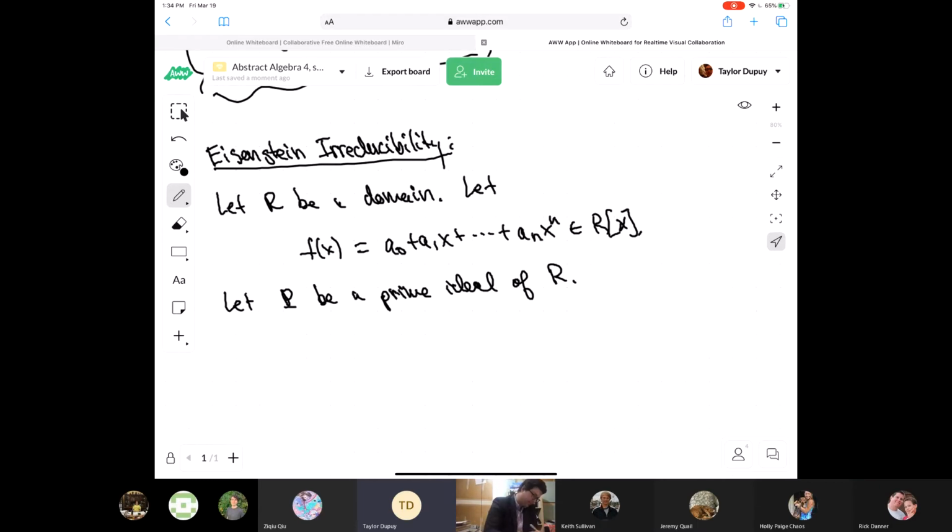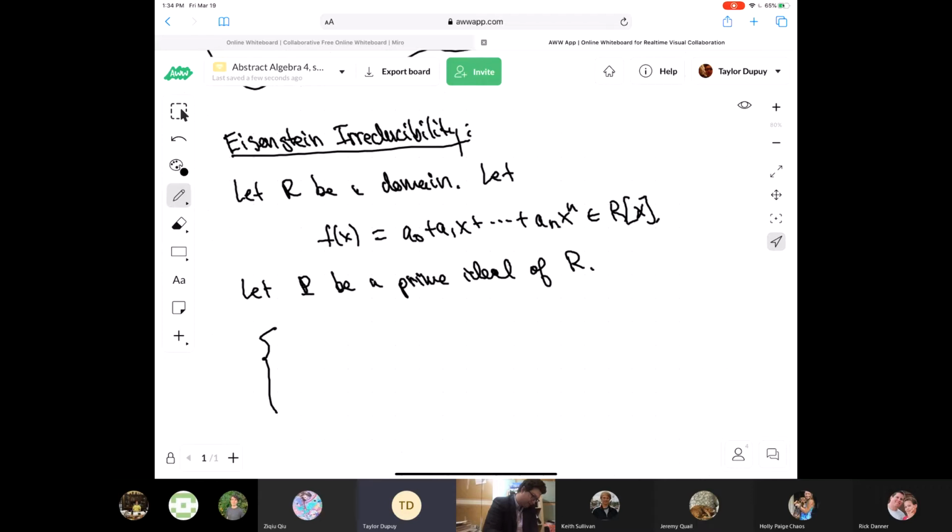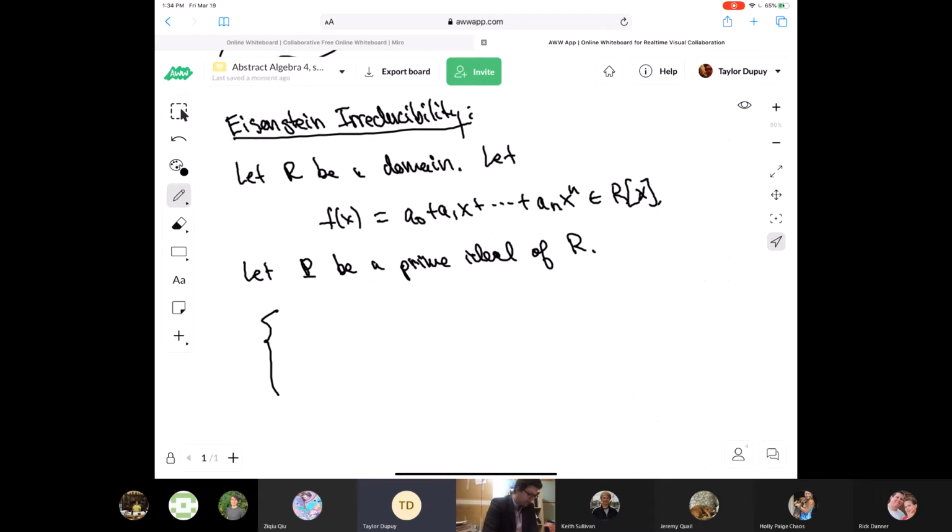Then we have some conditions. If all the coefficients are divisible by the prime, meaning that a_i is in P for 0 less than or equal to i less than n, strictly less than n. This is important.